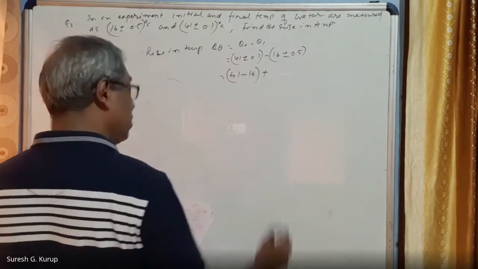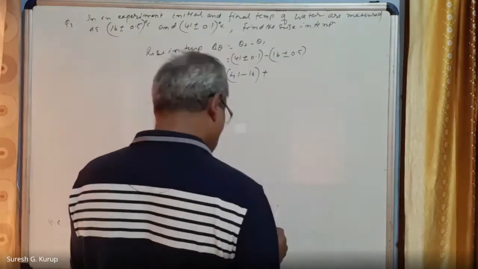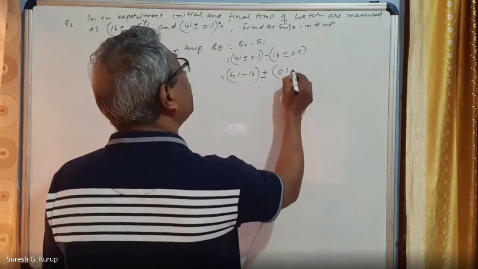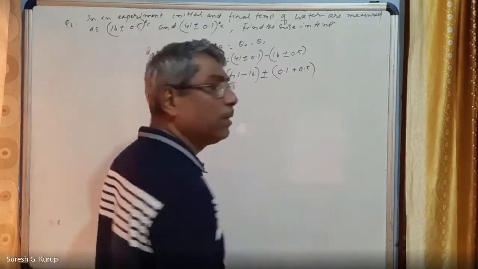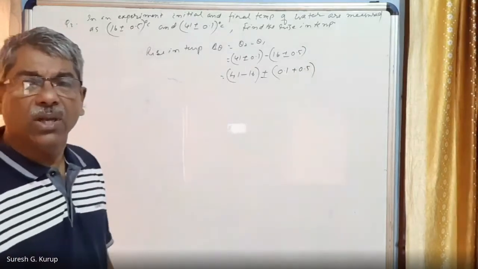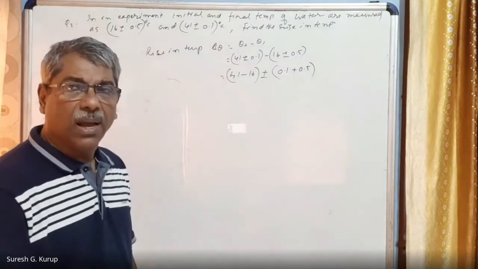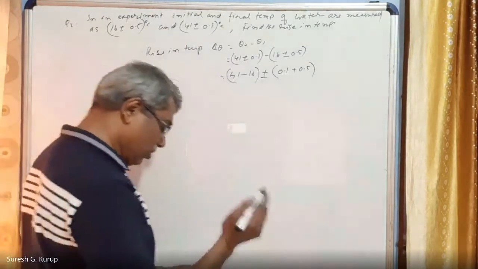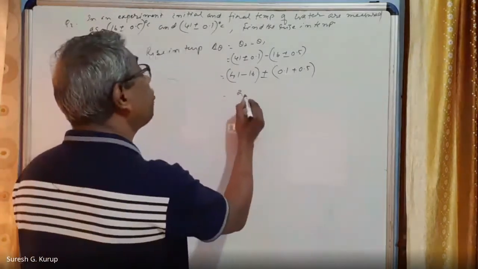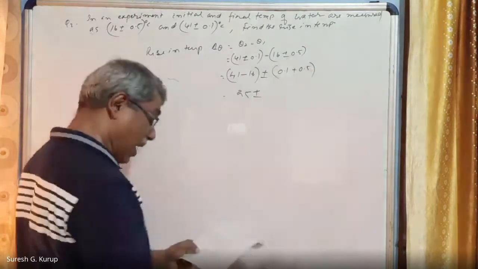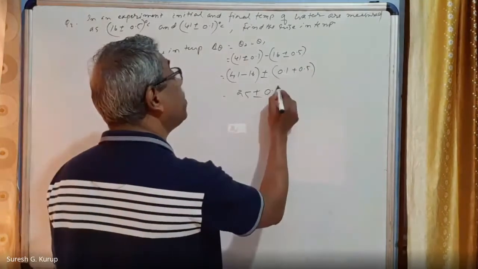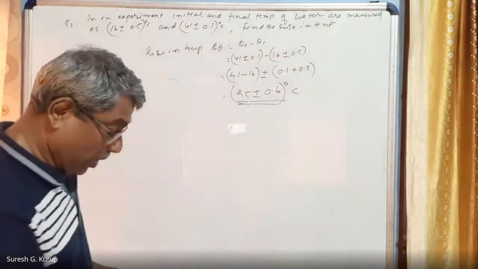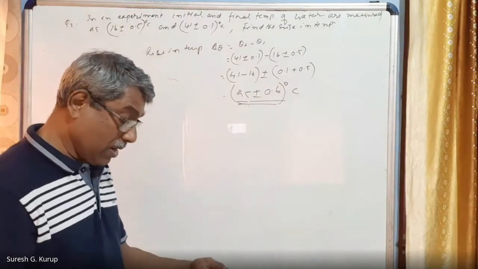Again, this must be added, plus or minus 0.1 plus 0.5. This is the condition. Absolute errors are always added and will be written with the difference as plus or minus, right? So we are getting 25 plus or minus, this is added, that is equal to plus or minus 0.6 degree centigrade. This is how we can do this question, right?